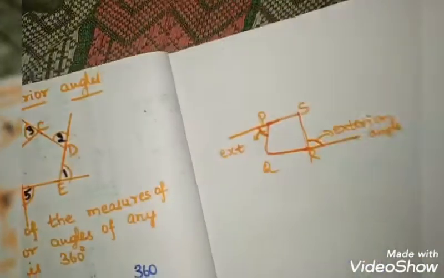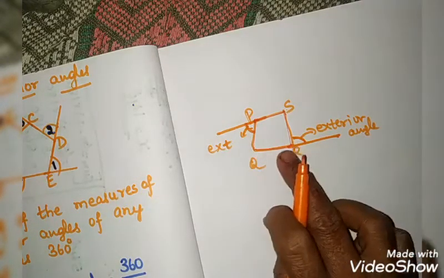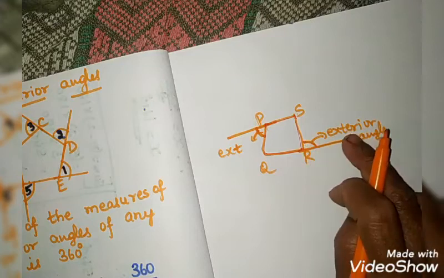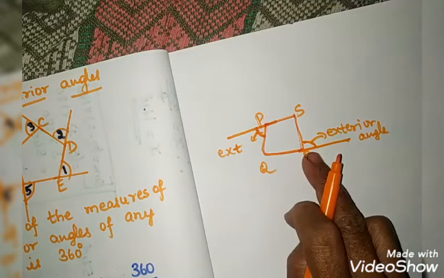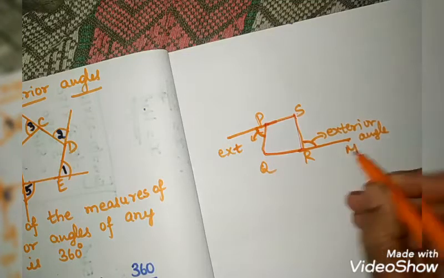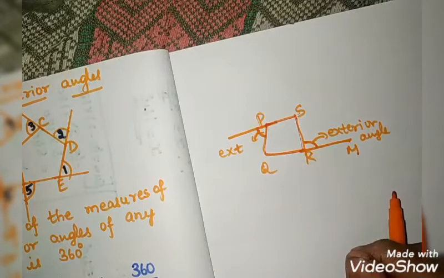So, the same we saw here in this example. When QR is extended, we get an angle outside the polygon, that is the exterior angle here. If you give any name to this M, angle SRM is an exterior angle. Understanding, no?